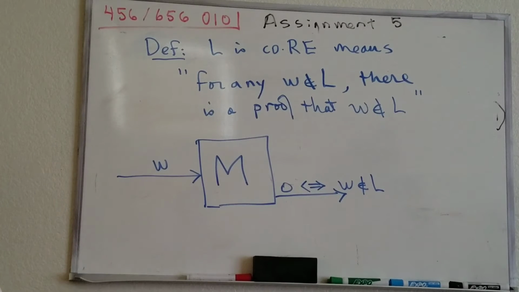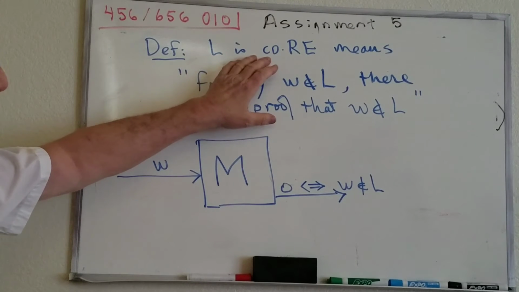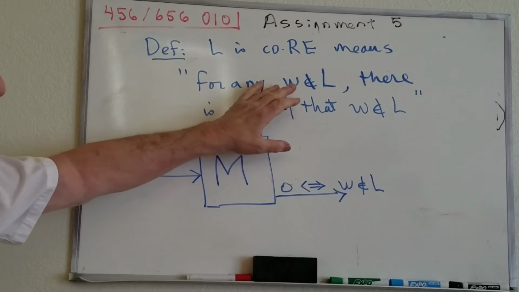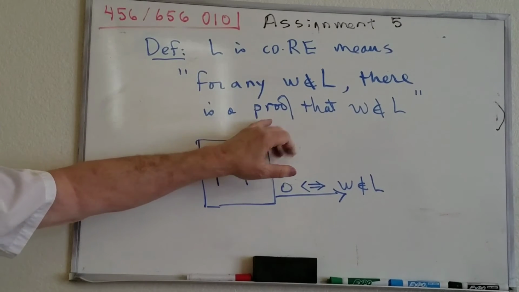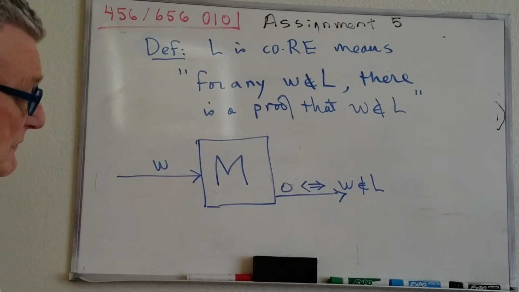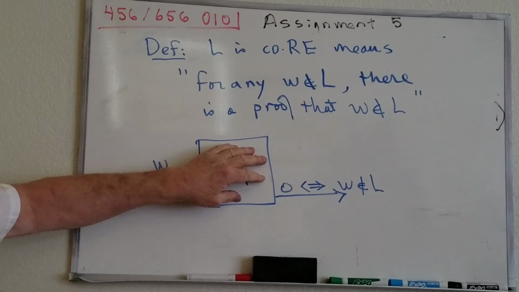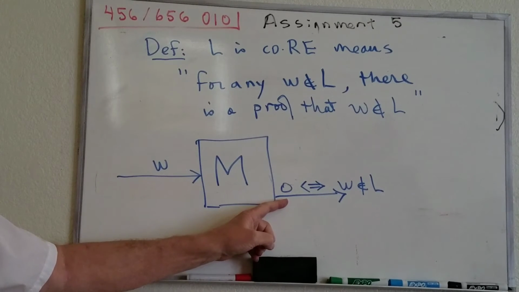All right, we're now doing problem 4. We're going to say that a language is, well, recall the definition, it's in the class co-RE if, given any string which is not a member of L, there is a proof that the string is not a member of L. Now what that means is you put in any string over the alphabet, there's this Turing machine here which will tell you no if and only if the answer is no, which is the opposite of RE.